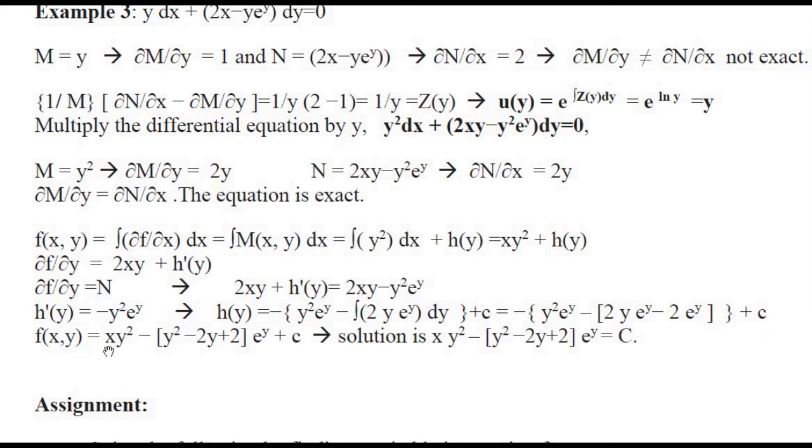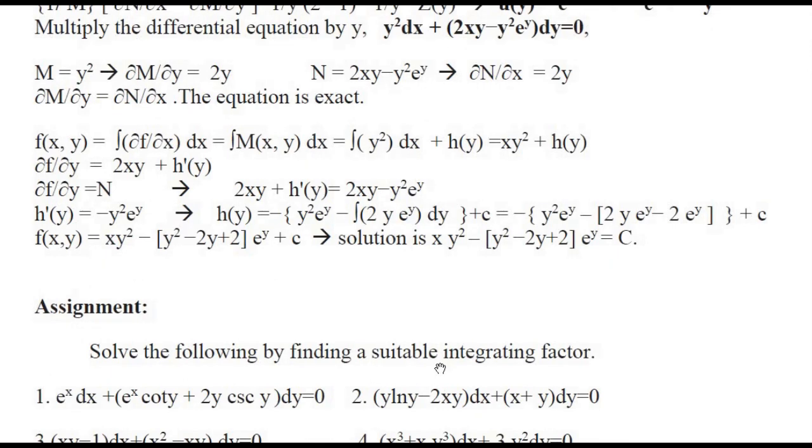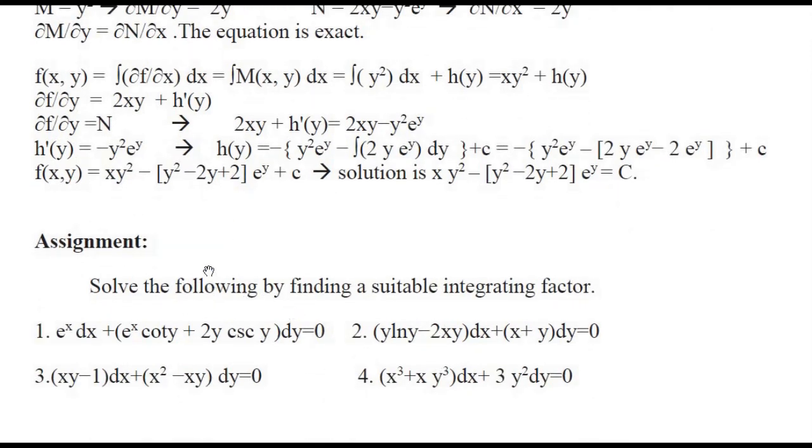So f(x,y) is x; you substitute these quantities in here, and it is obtained as xy² − (y² − 2y + 2) e^y + c, and it leads to the solution xy² − (y² − 2y + 2) e^y equal to c. So do these assignments. Thank you.